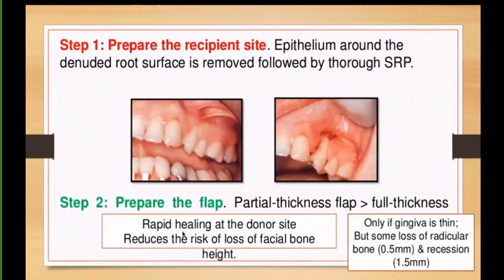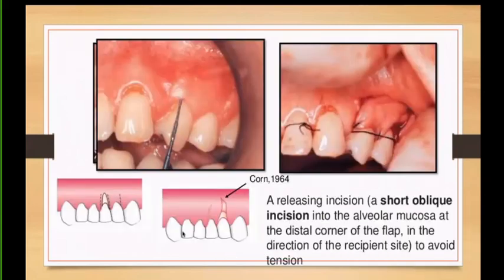Here is the example. What you can see here in the picture is first a recipient site. There is a recession with the first premolar. They have made the recipient bed ready for the graft, but they have not taken any graft from the palate. See what they have done. Distal to the premolar, they have given incisions.